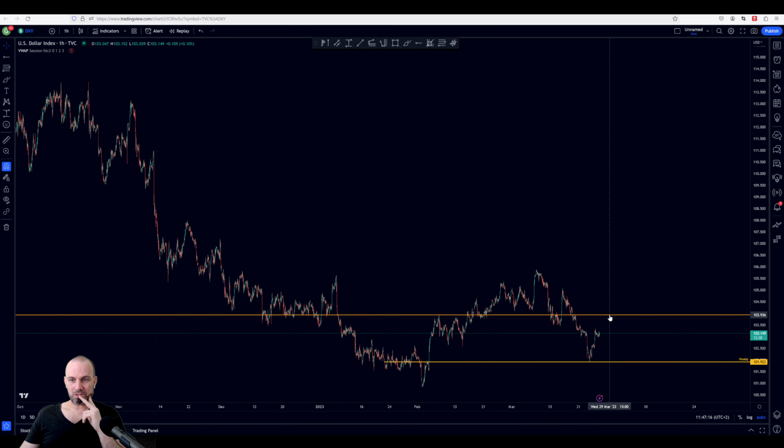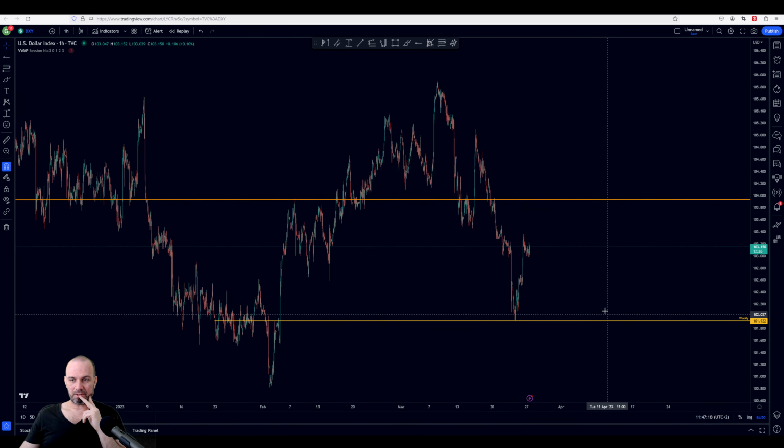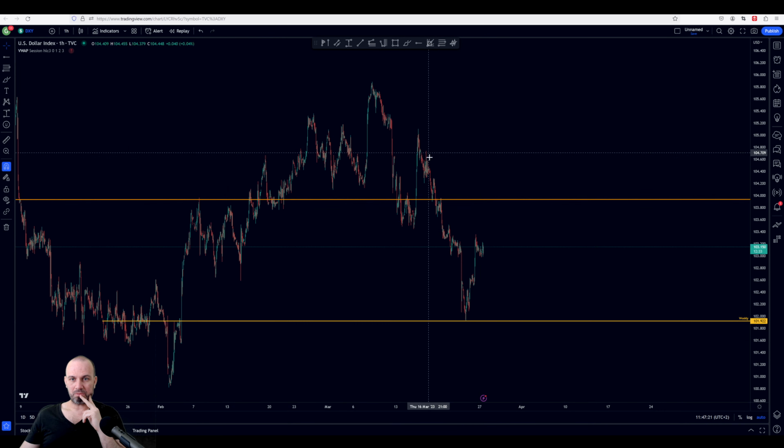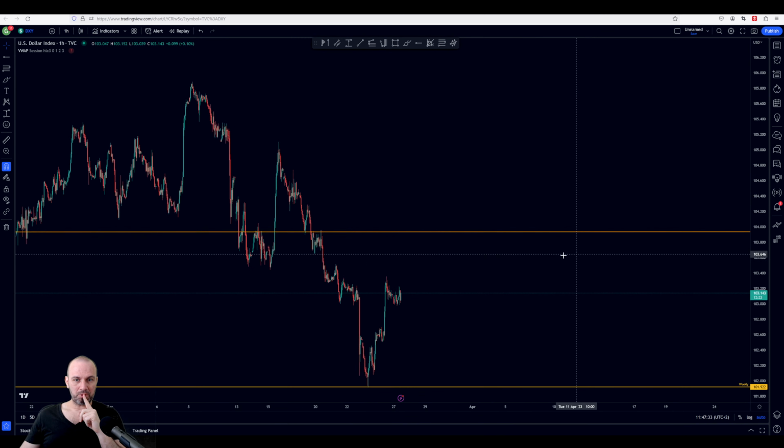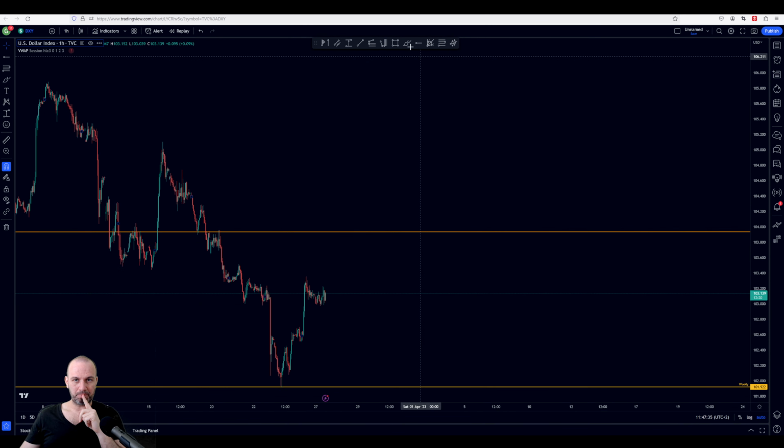If the price managed to claim this high time frame channel, then we need to start looking for liquidity, and most important, liquidity here. Claim this level, yes, and then we do have once again the possibility for more upside.